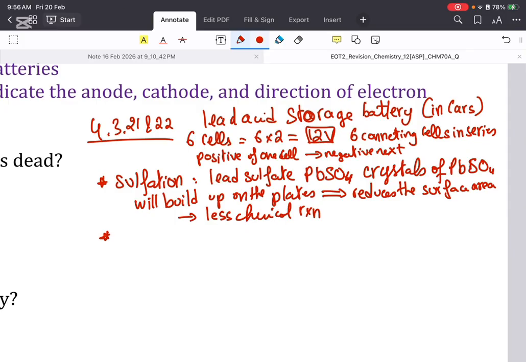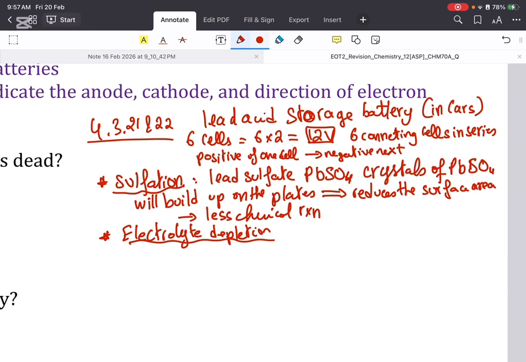Another reason why the lead acid battery goes dead could be electrolyte depletion. We mean by this that in the car there's a high temperature in the radiator and so on.